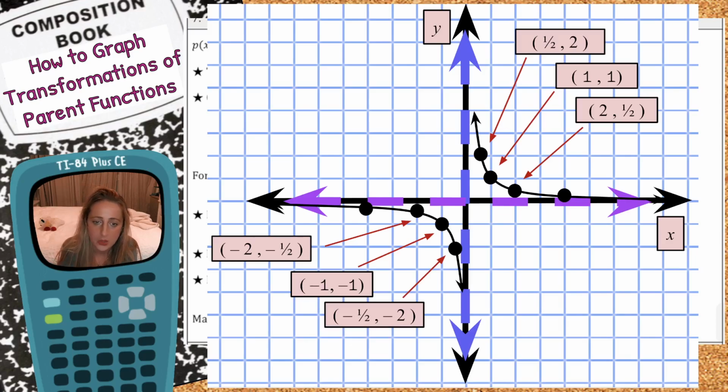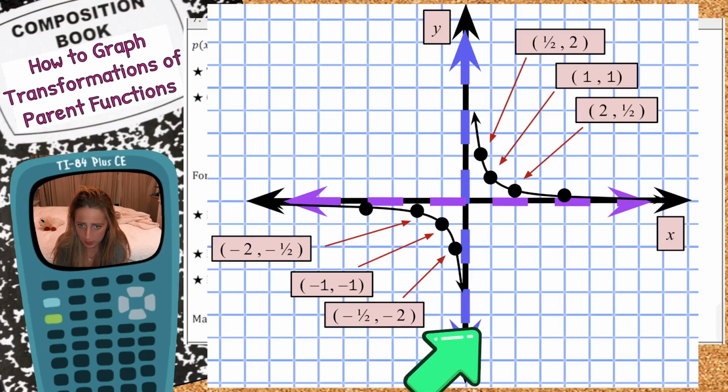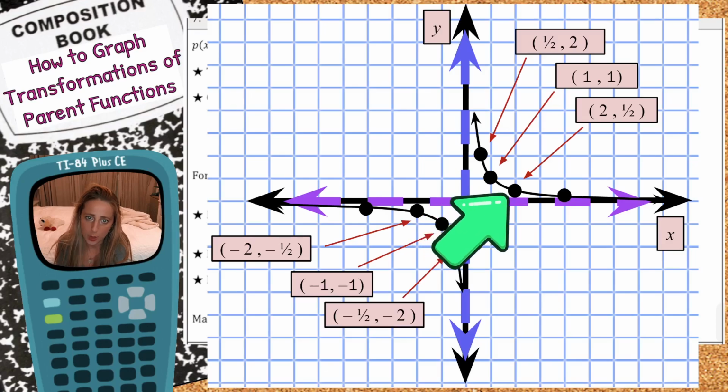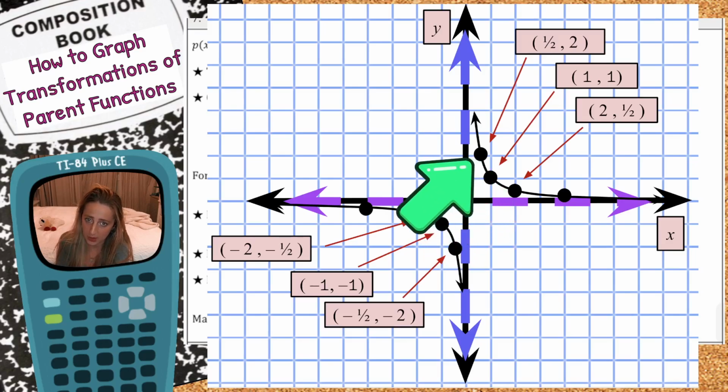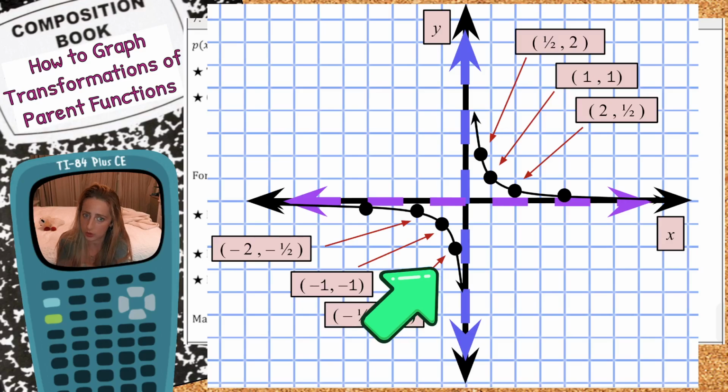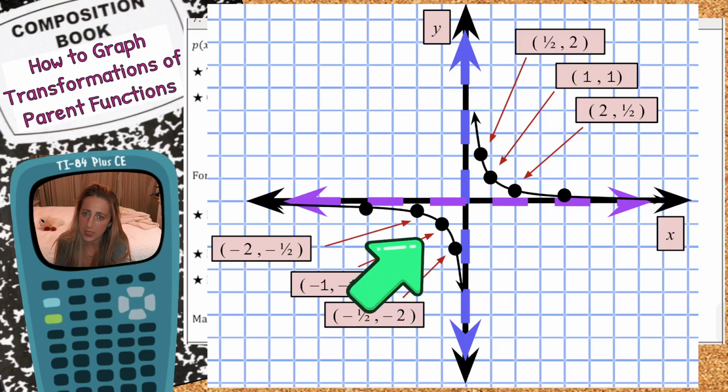So if the top number was a 1, it's over 1 up 1 from the crisscross of your asymptotes. Over 2 up a half, 2 times 1 half, and over 1 half and up 2, so on and so forth, and then both negative, same thing, just like that.